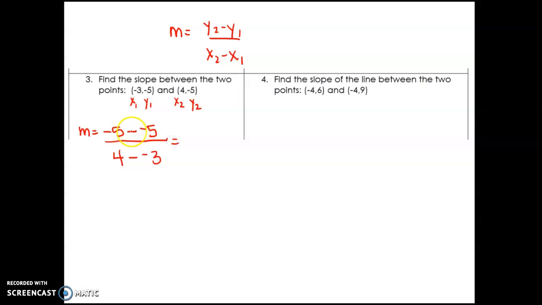And I'm going to evaluate. Plus, plus, that gives me 0. Plus, plus gives me 7. Okay, 0 divided by 7 is 0.